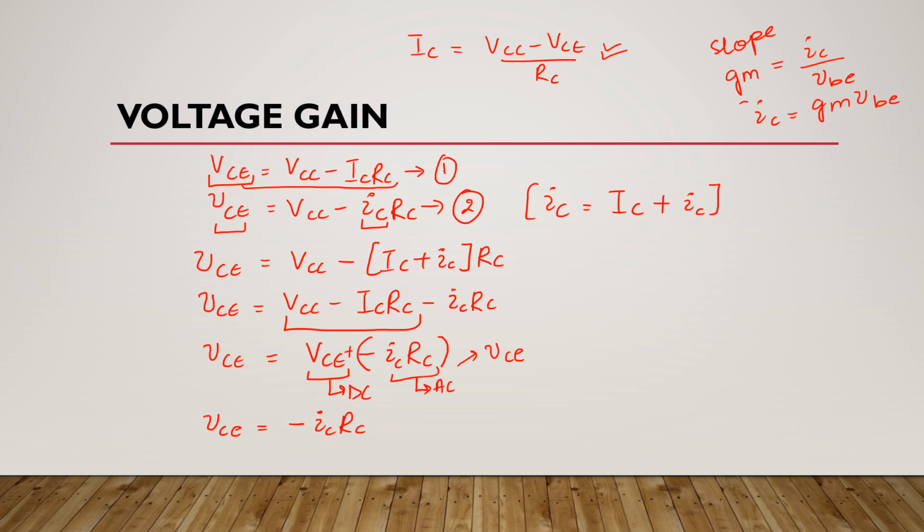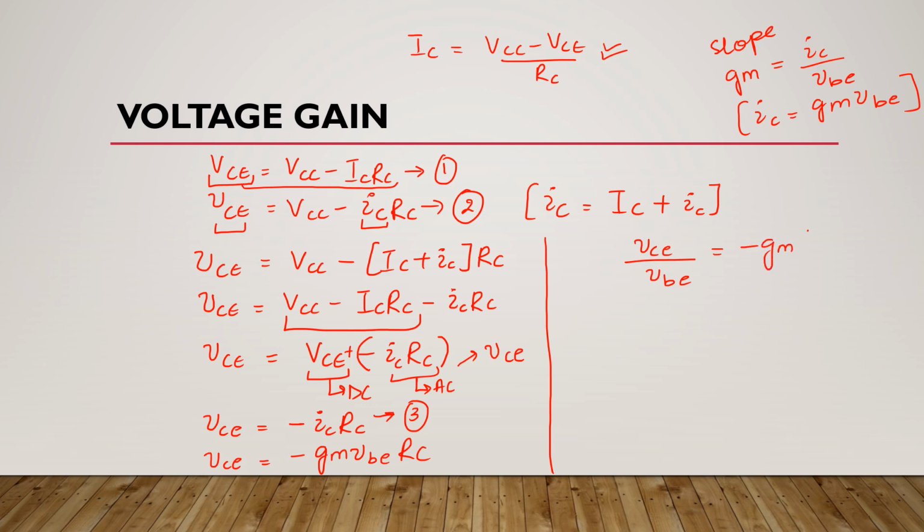Now if I put this value of IC in this equation number 3, I'll get VCE is equal to minus GM VBE RC. Now if I rearrange this equation, I get VCE divided by VBE is equal to minus GM RC.